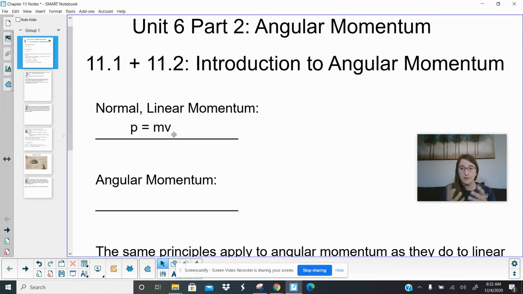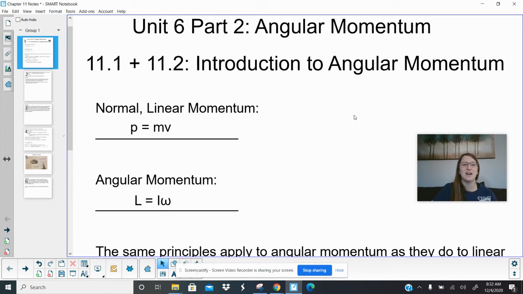That's going to change your speed. It's going to change how difficult it is to rotate. And again, that's rotational inertia, how difficult it is to turn, basically. So we're going to replace mass with rotational inertia, I, which we know is unfortunately complicated because we've got formulas for that as well. And we're going to replace velocity with our angular velocity, omega.